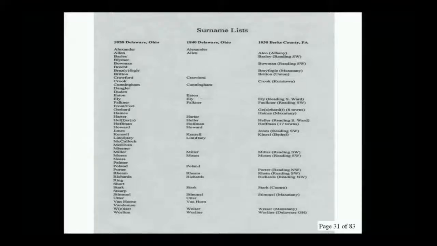So I start with 1850 Delaware, Ohio, and I then check all the surnames in 1840 against that to see how many of them were there at the same time as Jacob. There were 47 men living in Delaware City, Delaware County, in 1850 who were born in Pennsylvania. 24 of those, or just about half, were also there in 1840, 19 of which both surname and given name check.